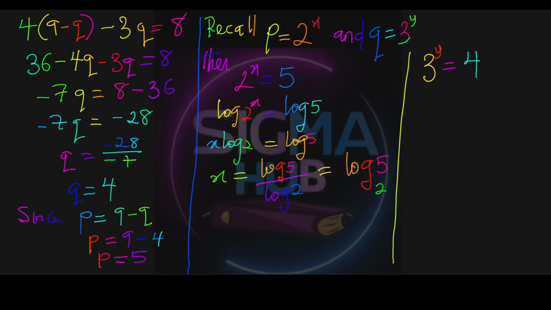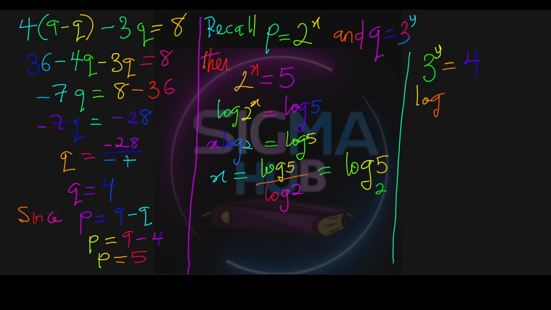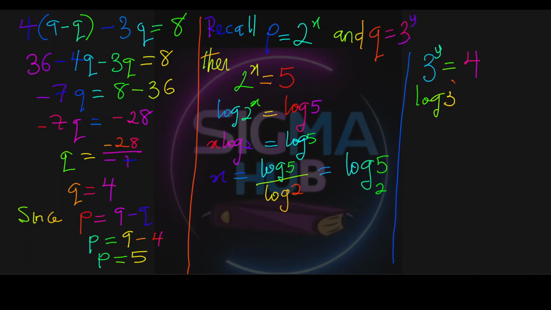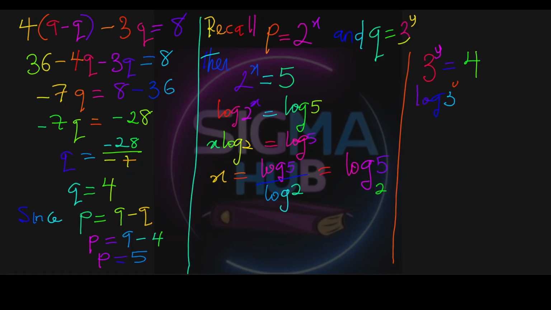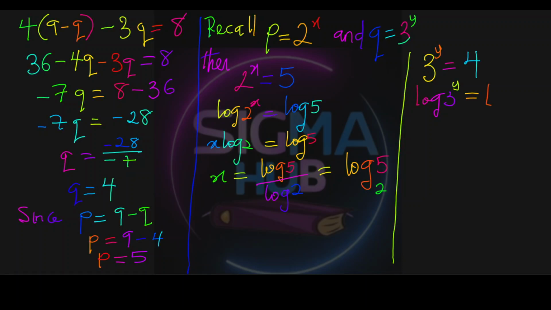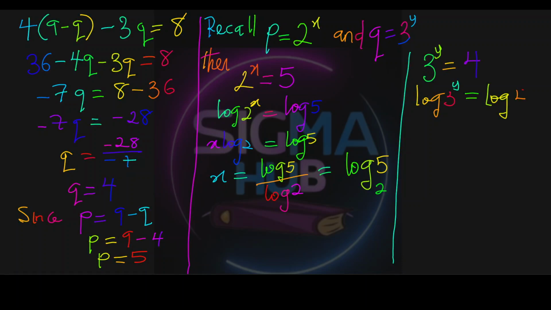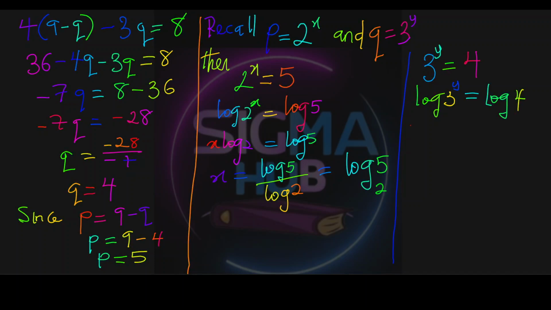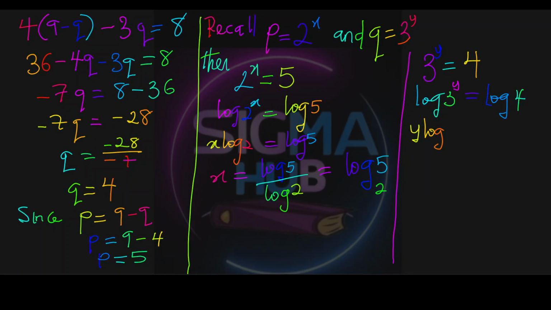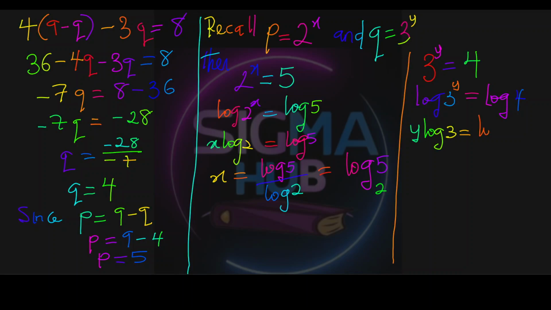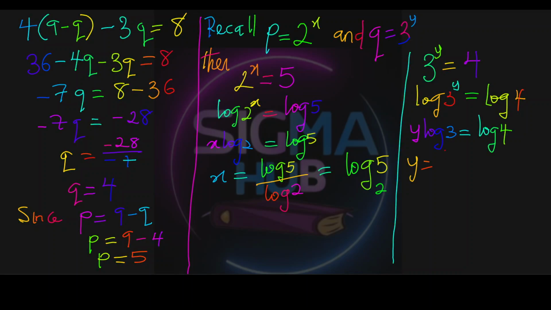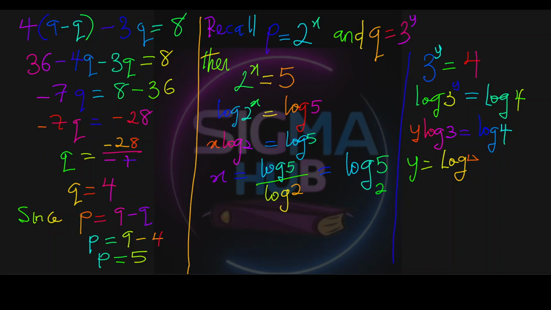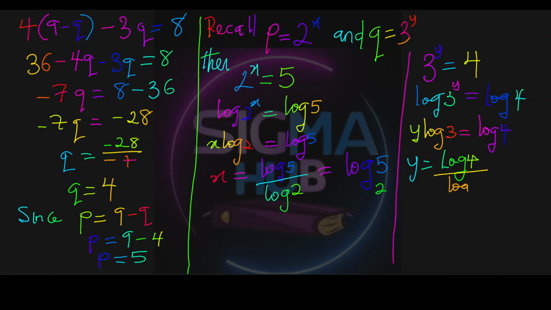So we can say log 3 raised to the power of y equal to log 4. And of course, we have y log 3 equal to log 4. Then we have y equal to log 4 over log 3.